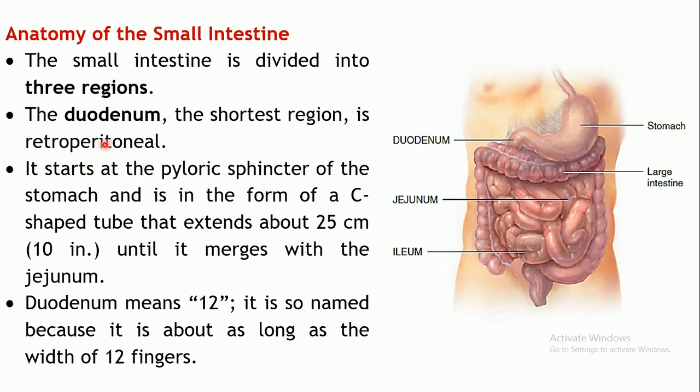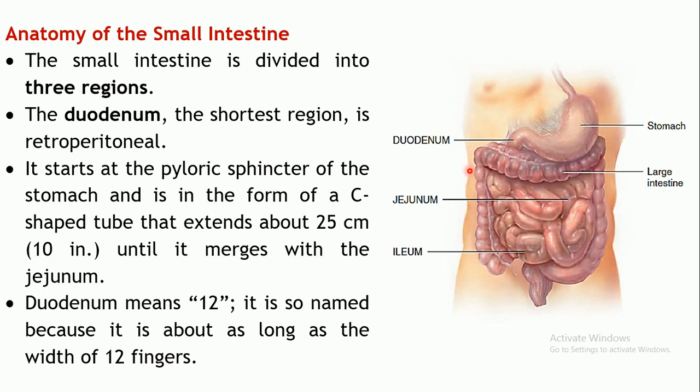Now the duodenum is a C-shaped tube which begins from the pyloric sphincter of the stomach. It is round about 25 centimeters, that is 10 inches. It is a C-shaped, tube-like structure, which is placed just inferior to the liver.